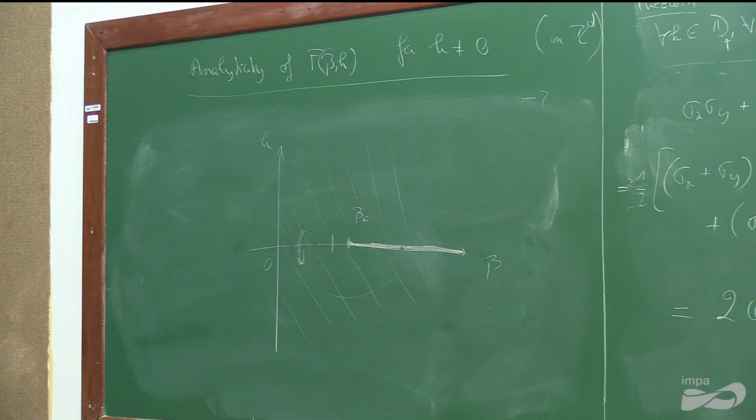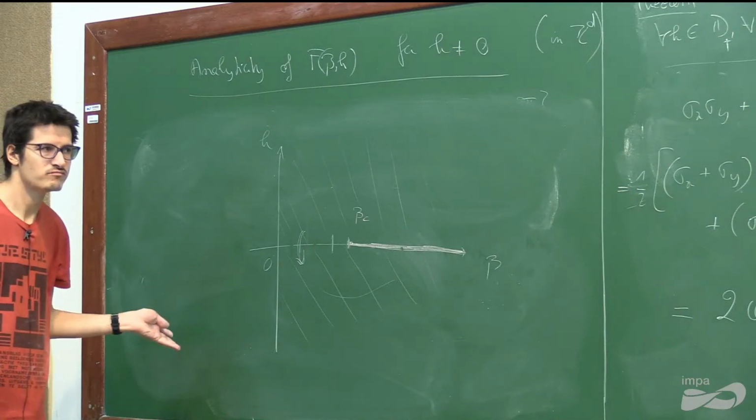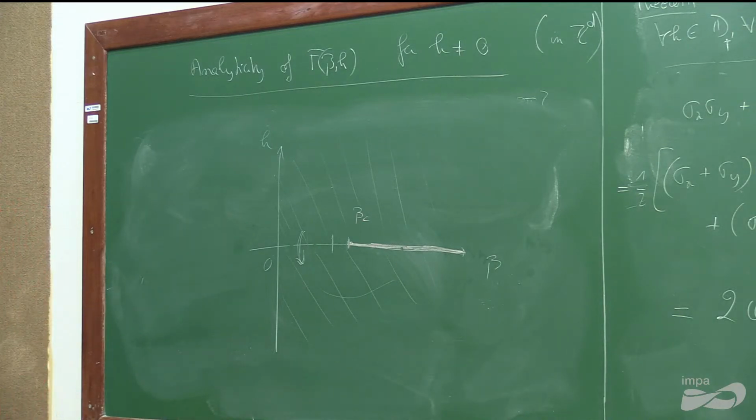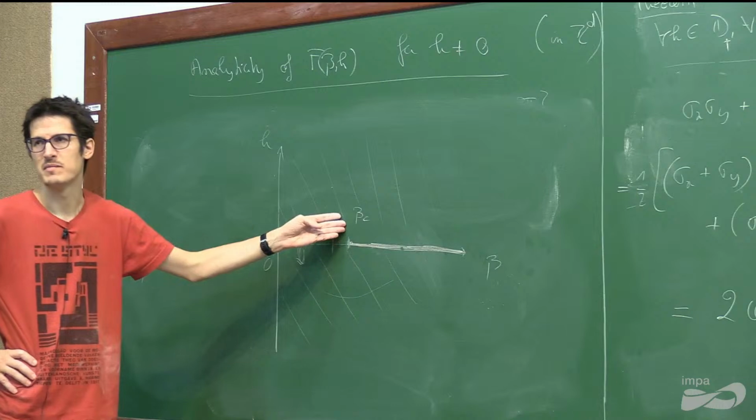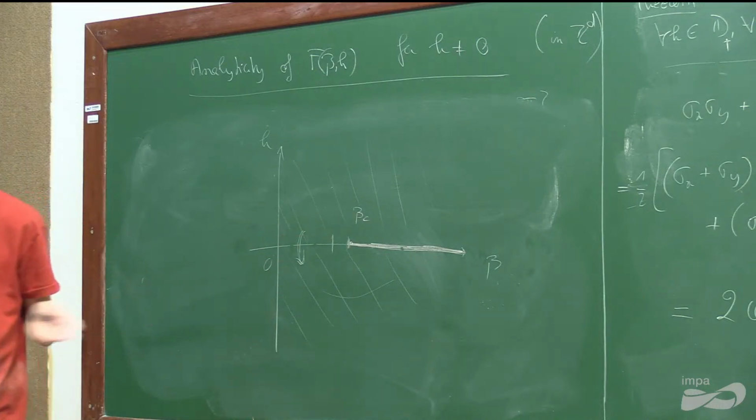So just to tell you that there are still some relatively basic questions that are open for the Ising model. There are questions that are a bit hopeless, like what's the value of beta c in general dimension?